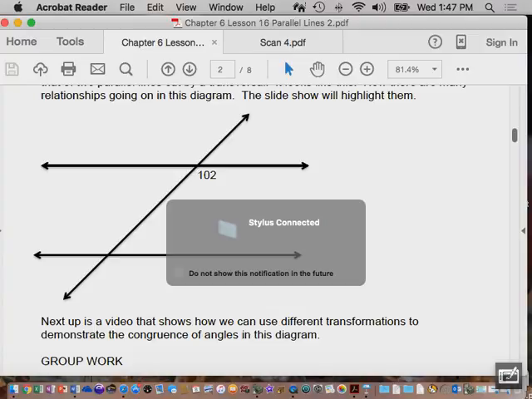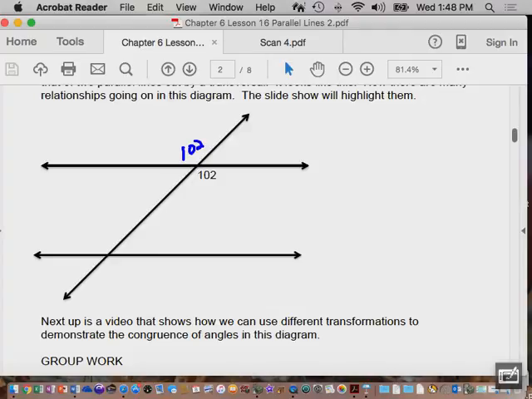Ava, what's this guy? 102. Nice. Frankie, what's this guy? Candace, help him out. 78. What's this guy over here? 78. Okay. Now, I'm gonna highlight the whole thing, take this guy, drag it, drop it right there. What's this guy? 102.